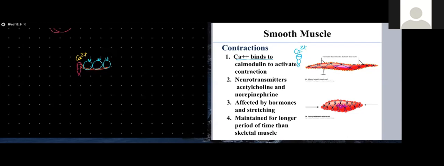This is what allows the myosin heads to bind to the actin subunits, forming those cross bridges, which allow the myosin to pull the actin along its length, so the thick filaments pull the thin filaments, resulting in a reduction in the length of my muscle. Yes, calcium binds to the troponin, and when it binds to the troponin, it moves away the tropomyosin.